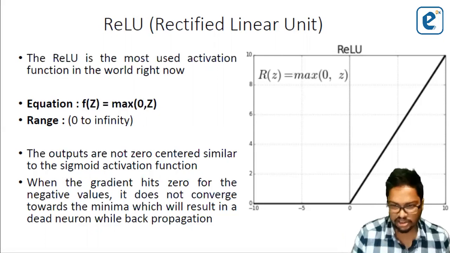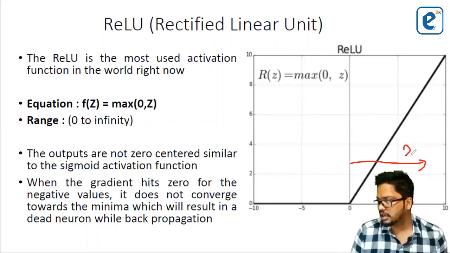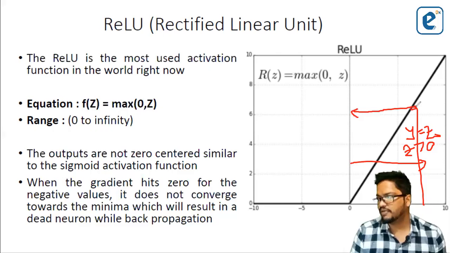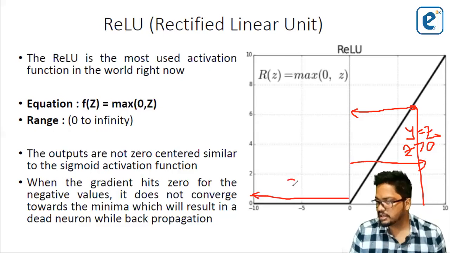If the Z value is greater than 0, then Y will be Z. Whatever the Z value is, Y is Z. But when Z is less than 0, right?